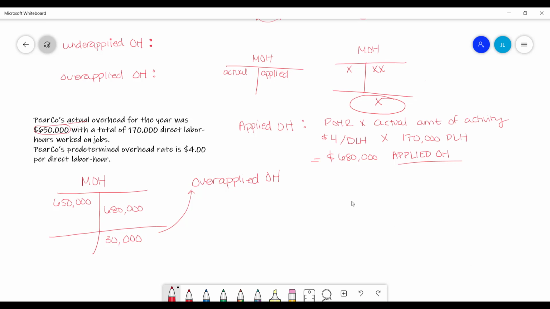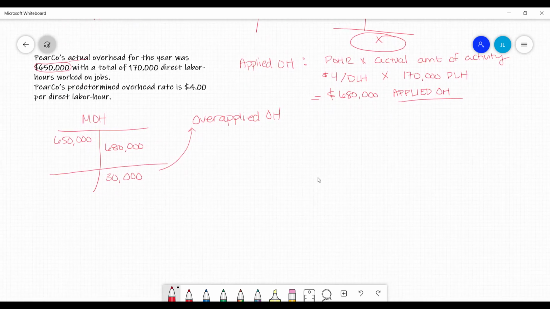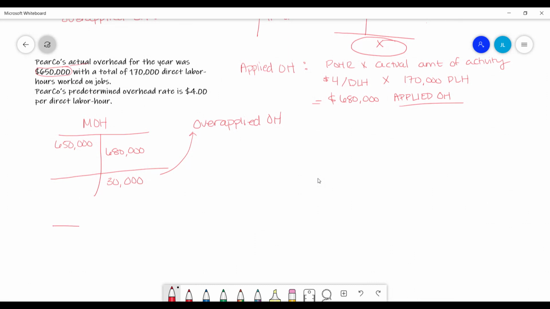So now that we know that overhead is over-applied in the amount of $30,000, now when we look at that manufacturing overhead account, it's just sitting there with a balance of $30,000. So what do we do with that? Okay, there's two ways that we can deal with that over-applied overhead amount.